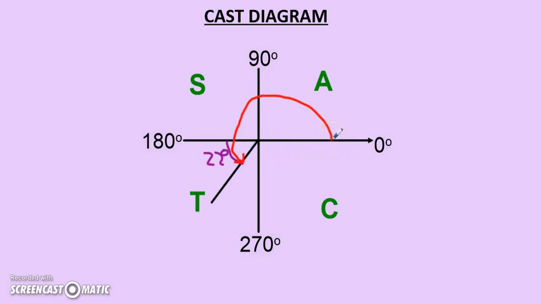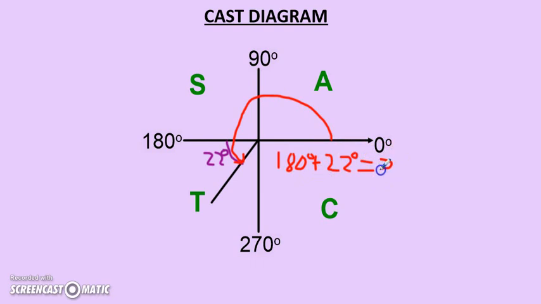Okay, so if you look here, 0 to 180 is 180 degrees plus the little extra bit there. So it's 180 plus 22. So that line actually represents an angle of 180 plus 22. Okay, it's all measured in degrees.